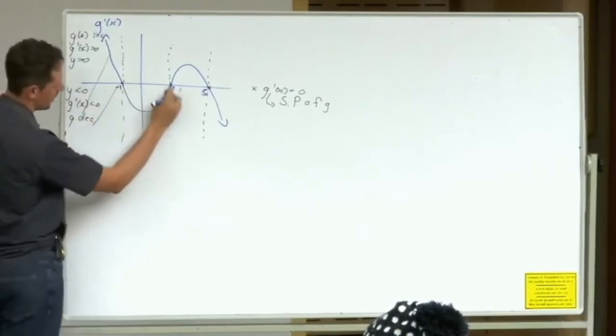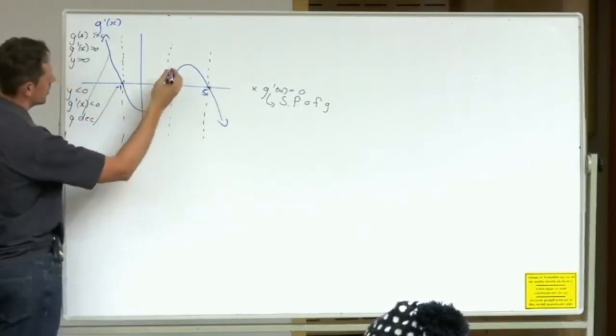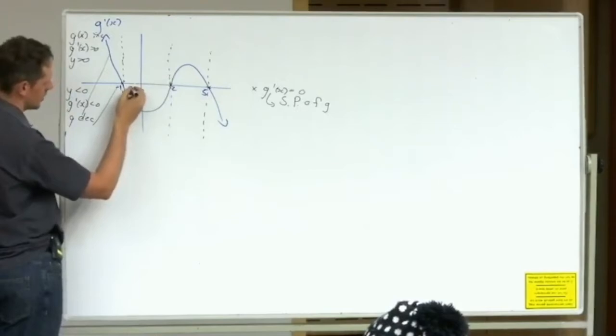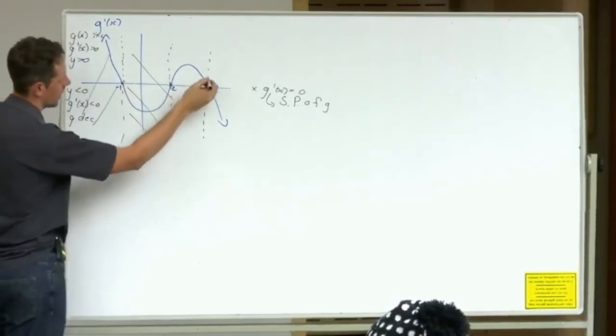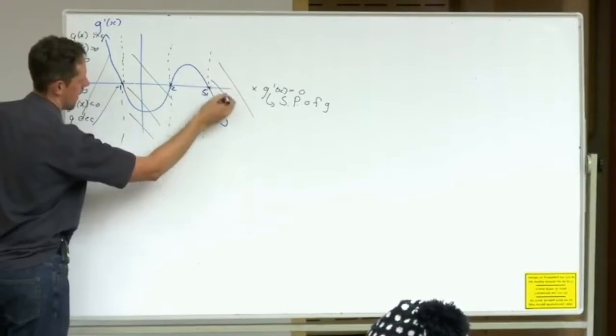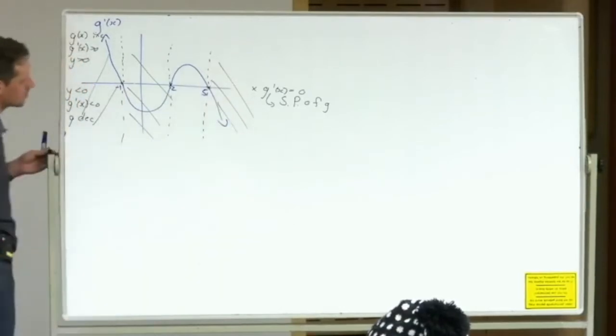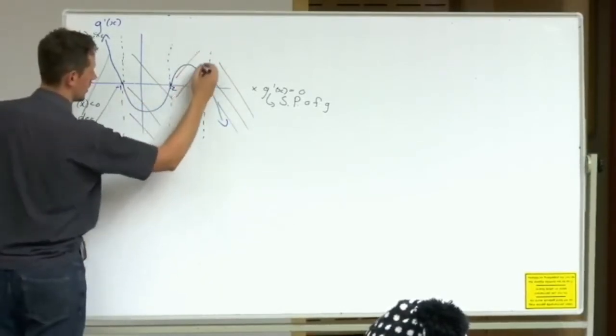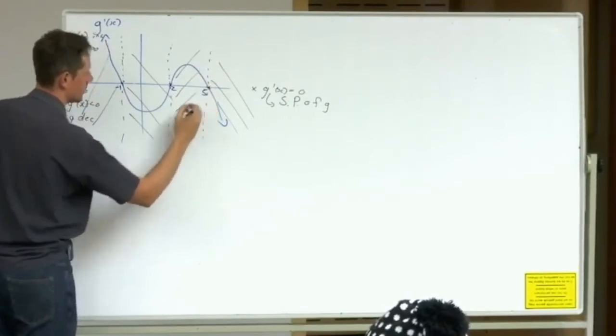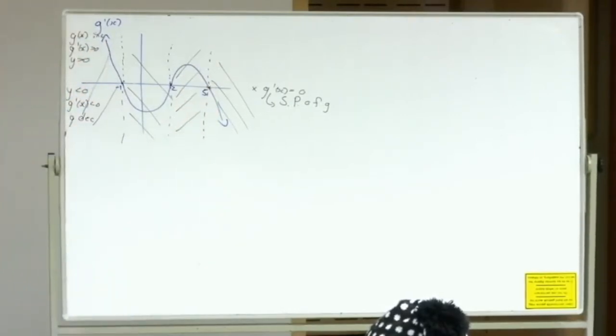So here and there, g is decreasing. So I know my graph is going down. And here, my graph again is increasing. So there I already have a very good idea of my original graph.